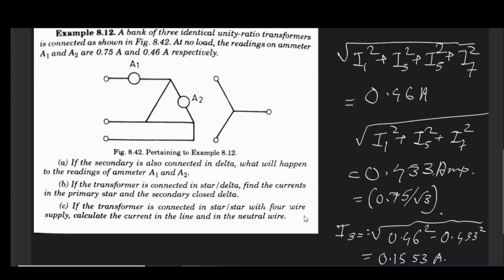Like if the primary is connected in star, then how can we connect that A2? Where should we connect that A2? People are like, whether A2 will be placed in a particular phase or in a winding, no consideration about that.